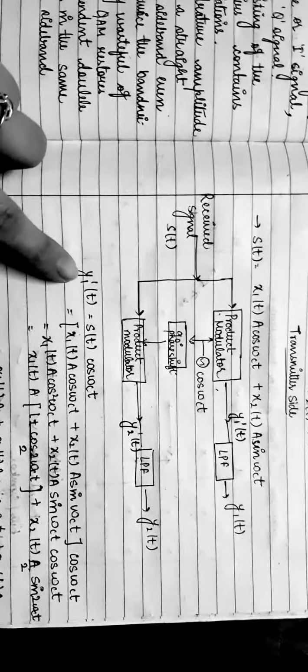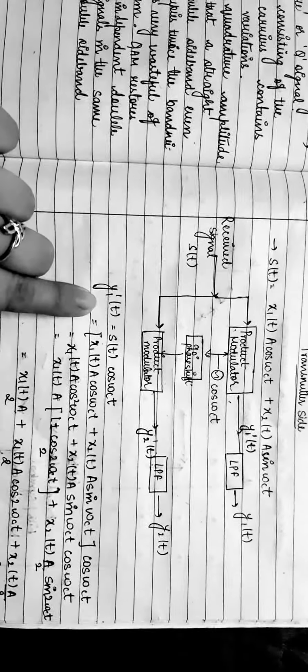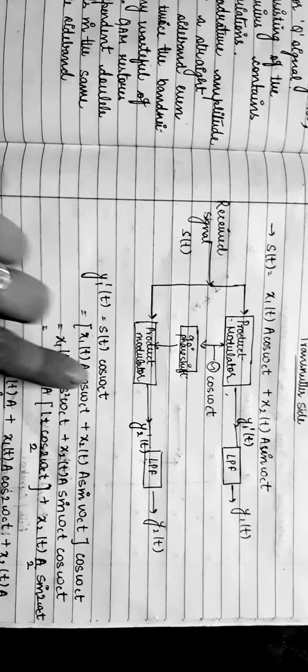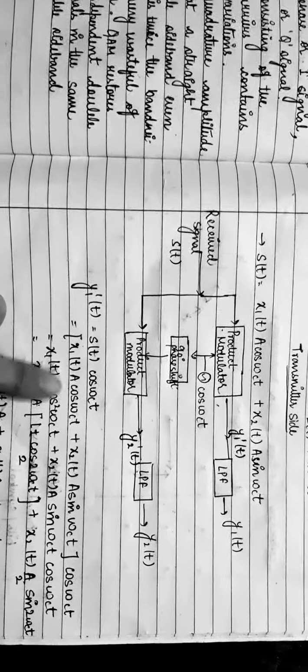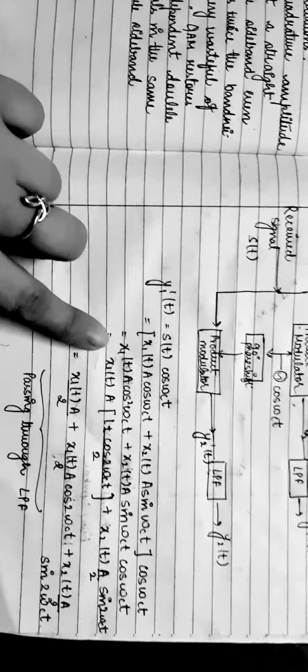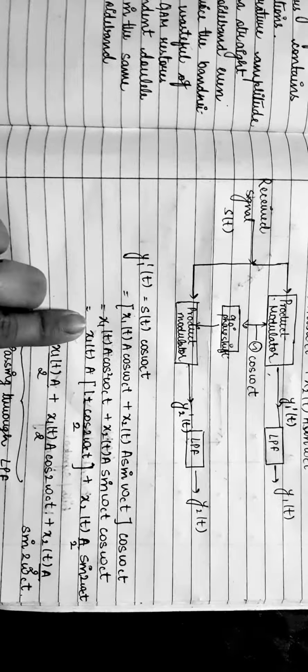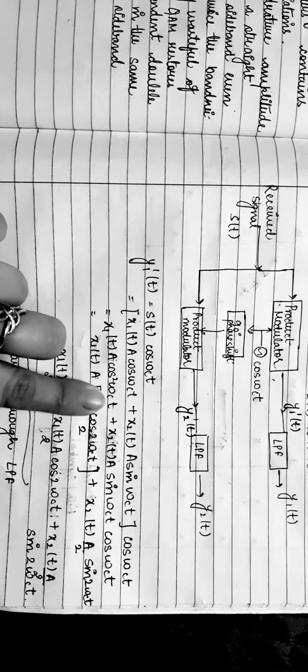Now first we calculate y1'(t), which equals s(t) into cos omega ct. We know s(t) equals x1(t) A cos omega ct plus x2(t) A sin omega ct, multiplied by cos omega ct. After simplification we get x1(t) A cos square omega ct plus x2(t) A sin omega ct cos omega ct.